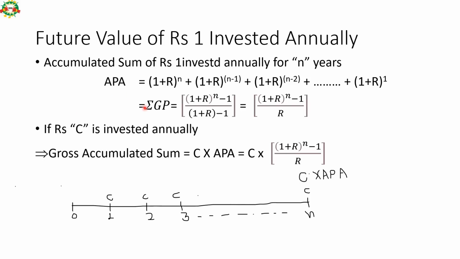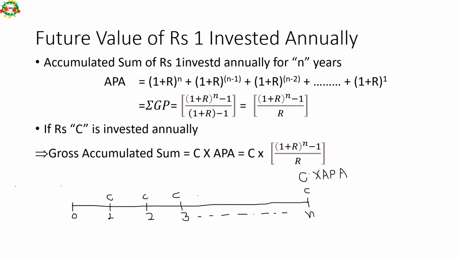The sum total of the GP series is nothing but this formula. Just remember that future value of 1 rupee invested annually is nothing but the sum of a GP series. With that, you can easily remember this formula and you will not forget it.